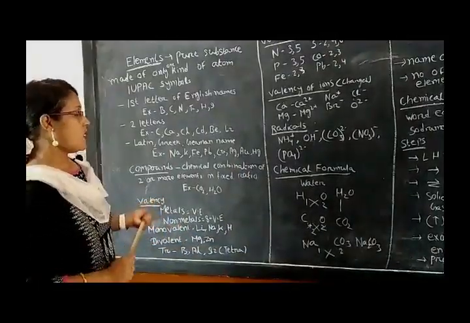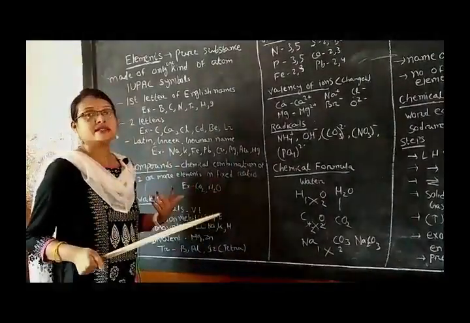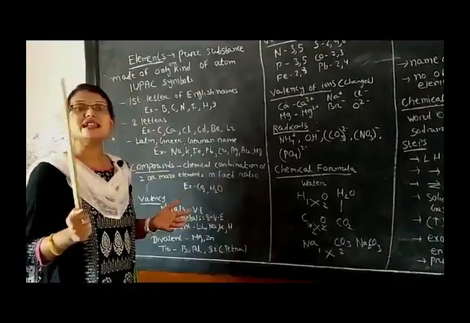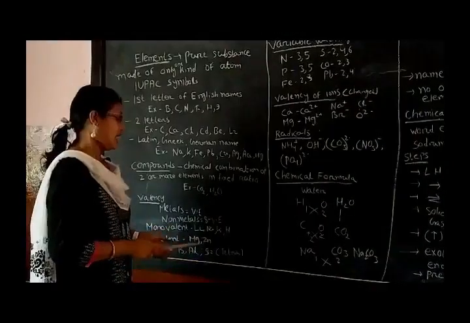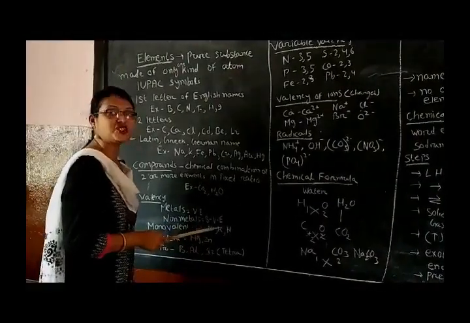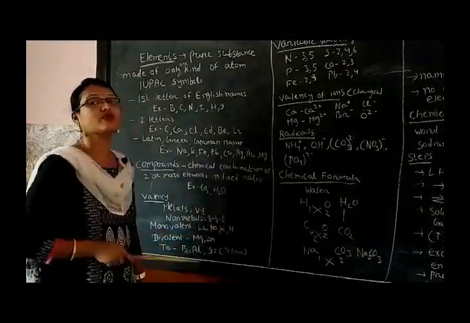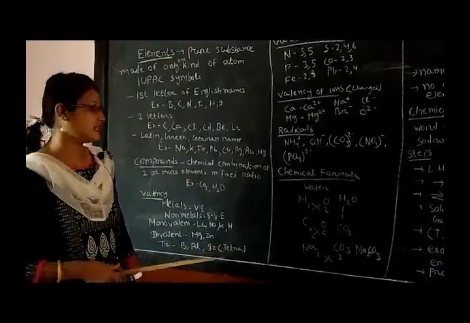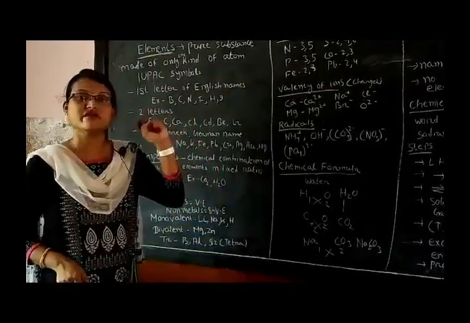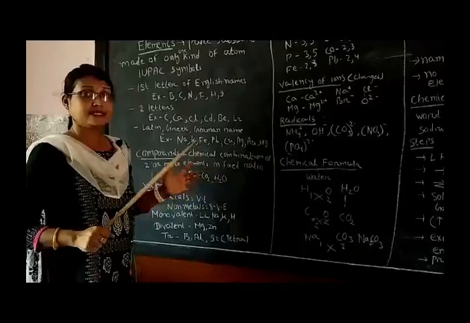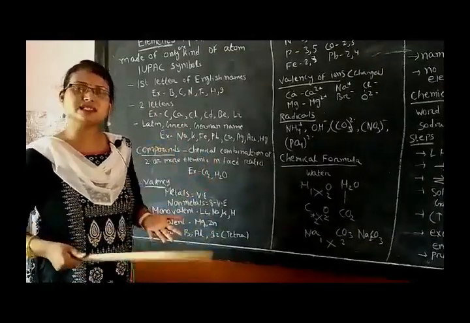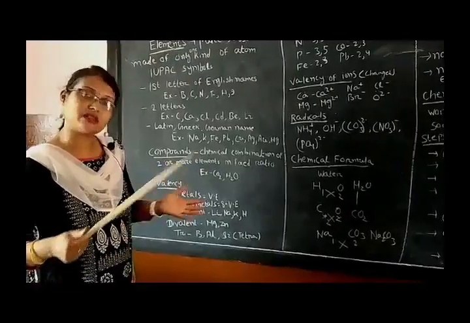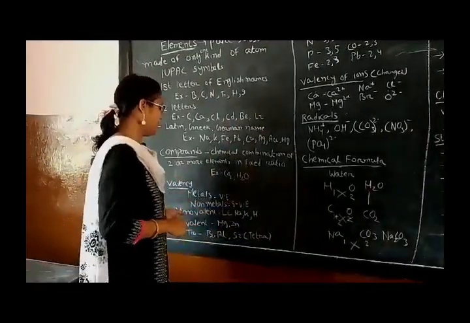The elements that possess valency 1 are called monovalent elements, like lithium, sodium, potassium, hydrogen. They are all monovalent because they possess only one valency. That doesn't mean it will possess only plus 1; it may be plus 1 or minus 1, both are called monovalent.